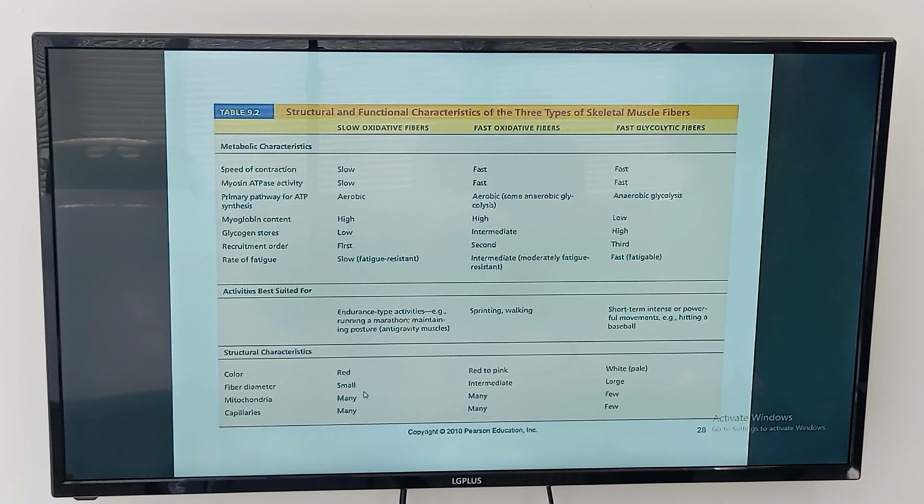In the slow oxidative, we'll have many of it, okay, because you can look at the pathway, this one's aerobic. And in the fast oxidative fiber, it has many, and in the fast glycolytic fiber, we'll have a few. Also, the capillaries in the slow will have many of them, and the oxidative will have many, but in the glycolytic will have a few.